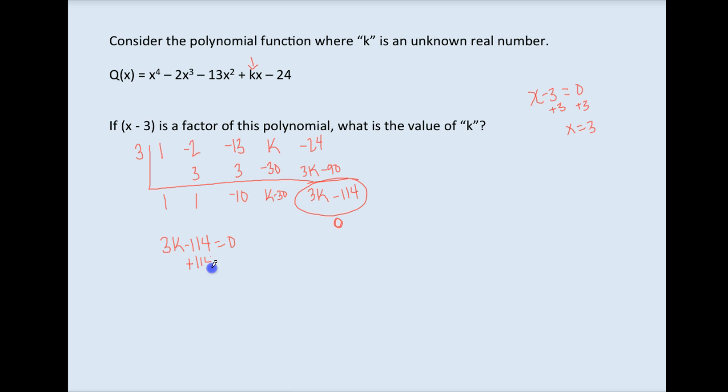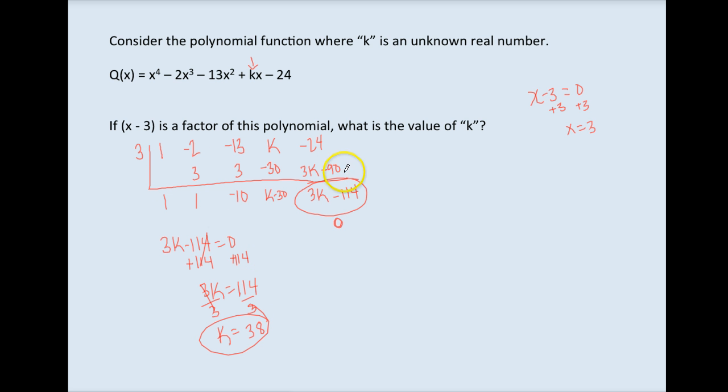I would add 114 to both sides. Gives me 3k equals 114, and we divide both sides by 3. If we take 114 and divide it by 3, we get 38. So we know that k should have been 38.